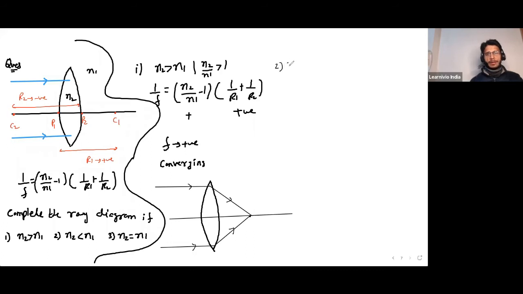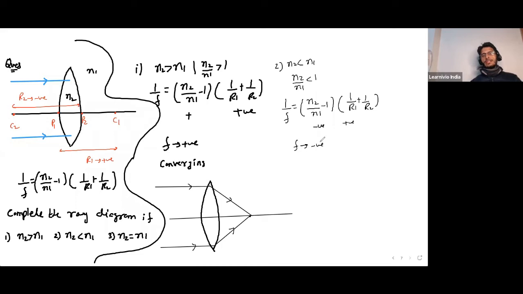If I take the second part, n2 is less than n1. In that case, n2 by n1 is less than 1. If I substitute these values, 1 by f is (n2 by n1 minus 1) into (1 by R1 plus 1 by R2). This term is negative now because n2 by n1 is less than 1, and this other term is positive. Your focal length is negative.